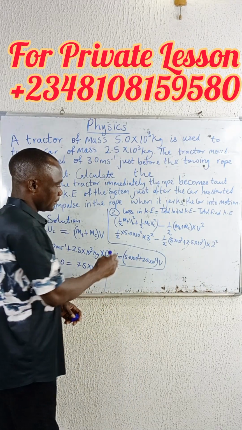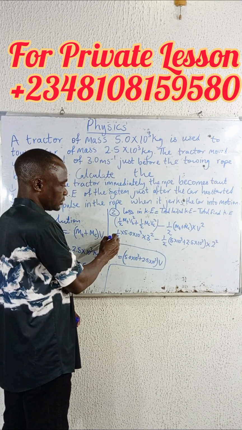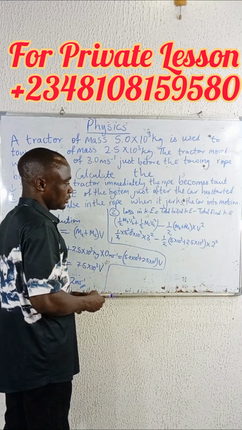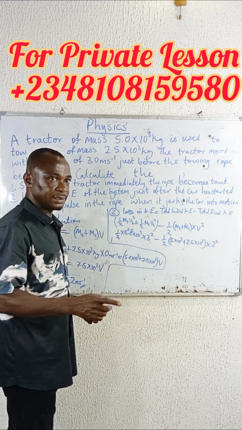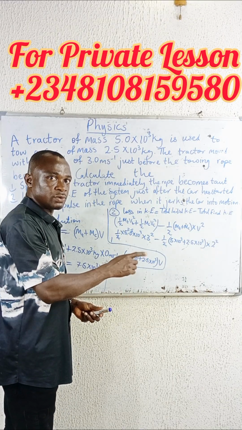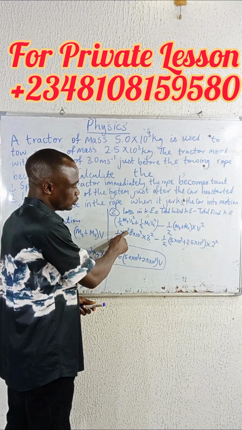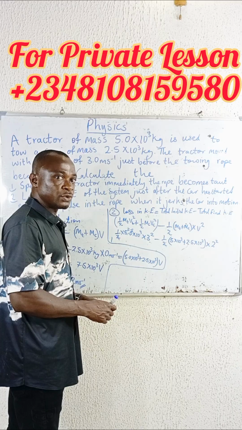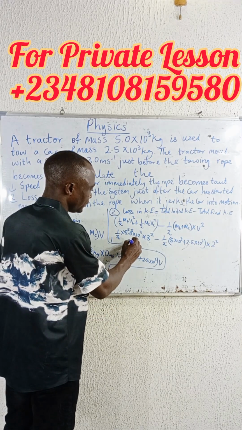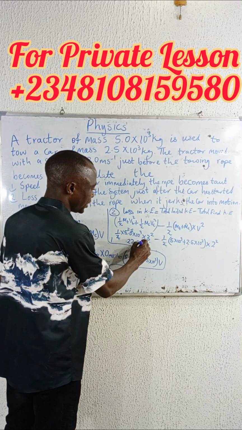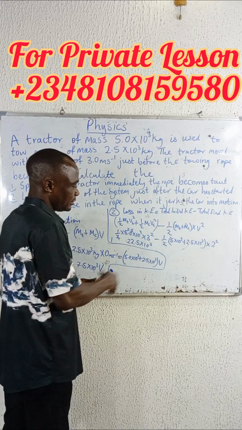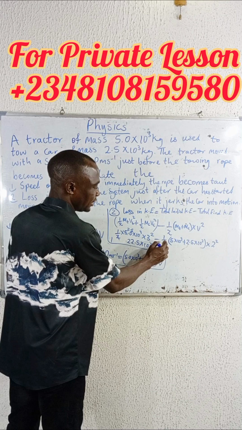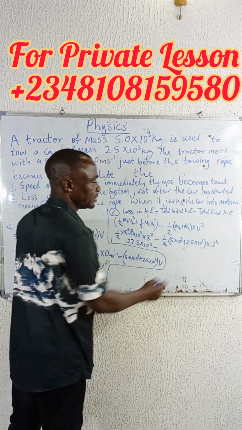Alright, now 2 can cancel this one, cancel 5 to give us 2.5. 3 squared is 9. 9 times 2.5 will give us 22.5 times 10 raised to the power 3. Minus, this half we cancel one of these two that are multiplying.